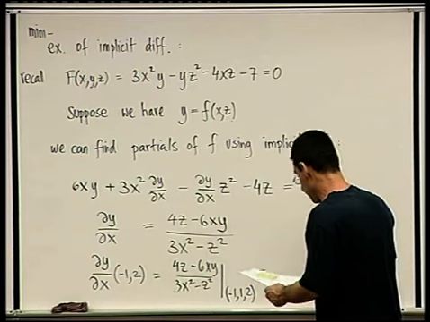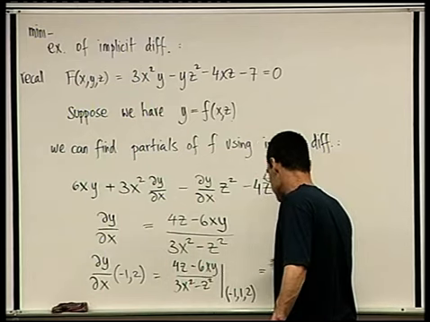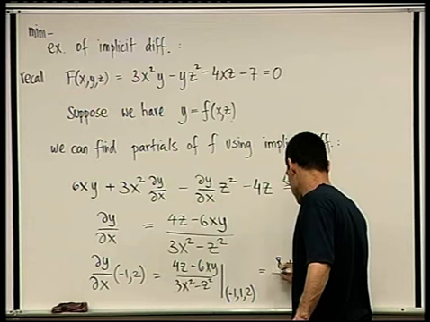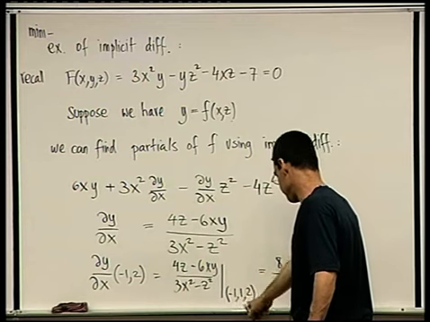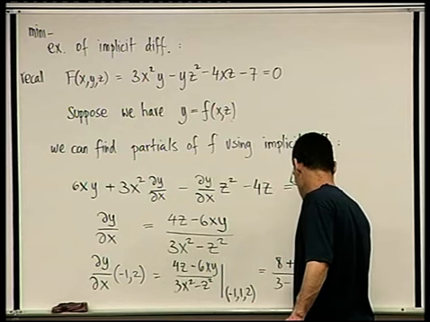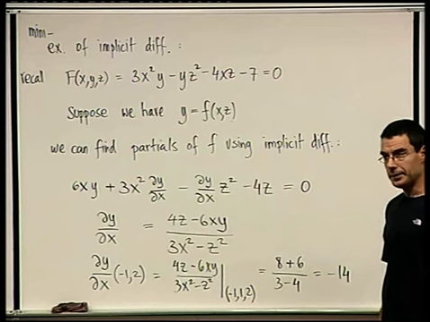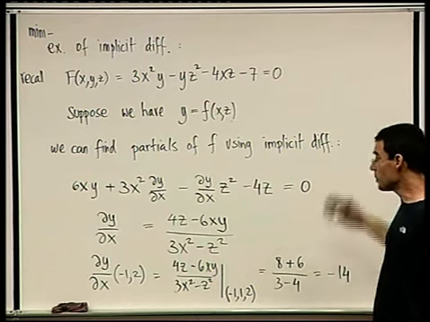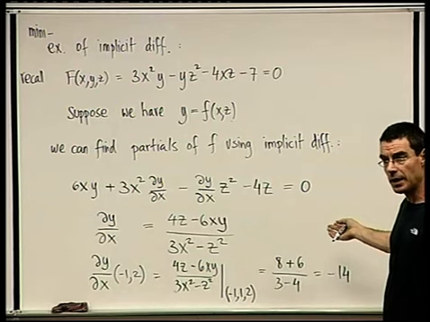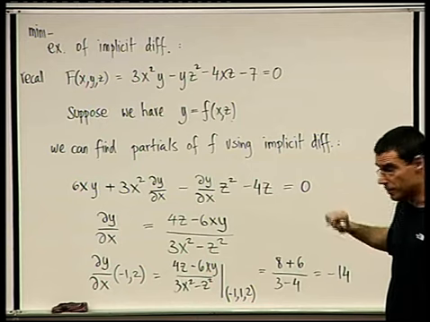And what we get, let's plug in the values. 8 plus 6 divided by 3 minus 4, and here's our negative 14. Good? So this is what we call implicit differentiation.